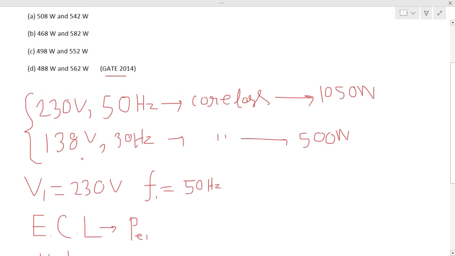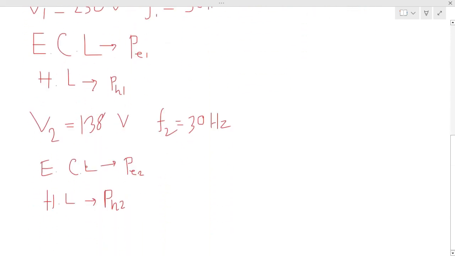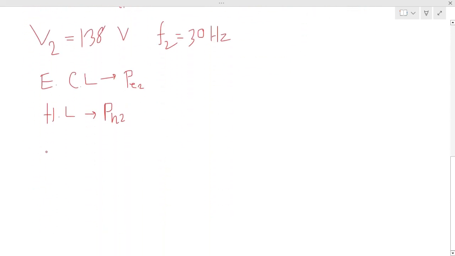This is very simple, what I am writing here. Now we have to apply the formulas of losses.